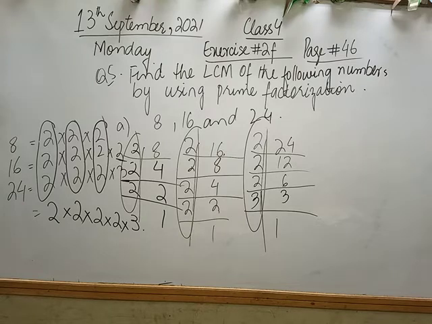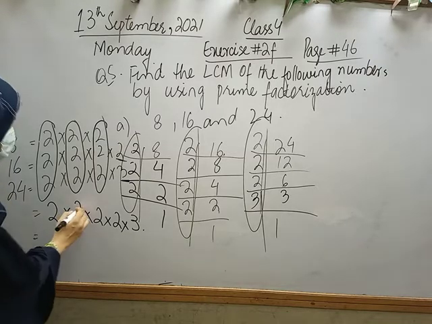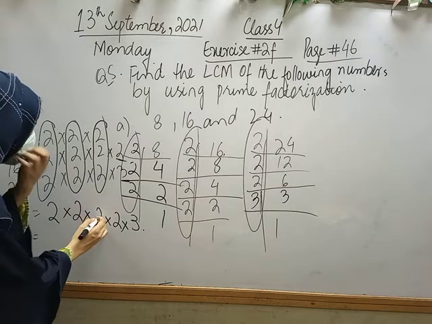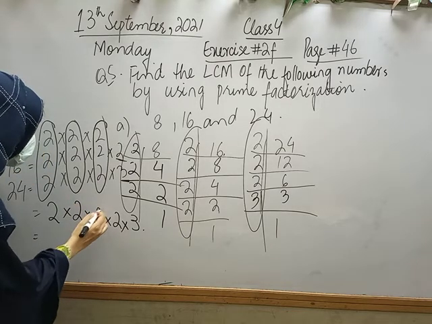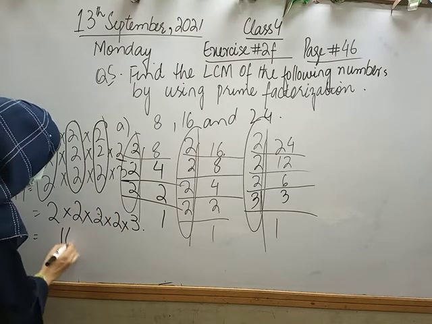Clear? Now in the end step, I will simply multiply the numbers which are in the end. 2 times 4. 2 times 4, 4 times 8. And 8 times 16.